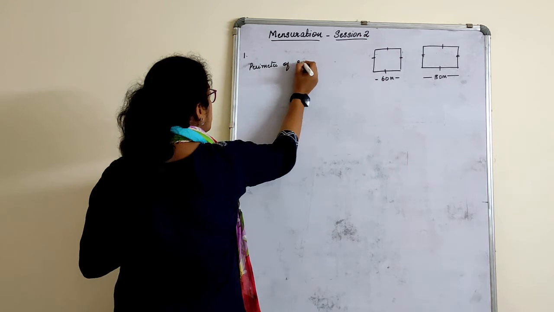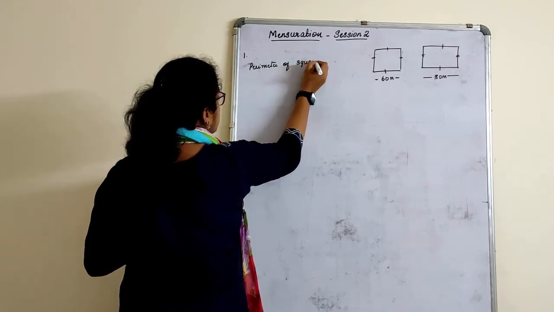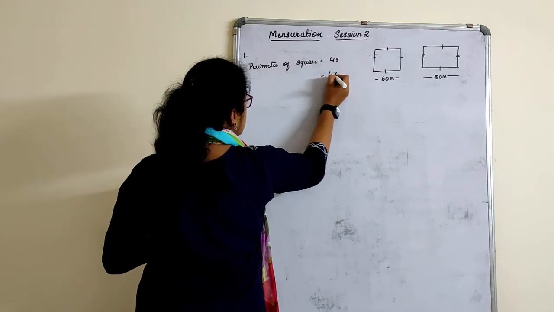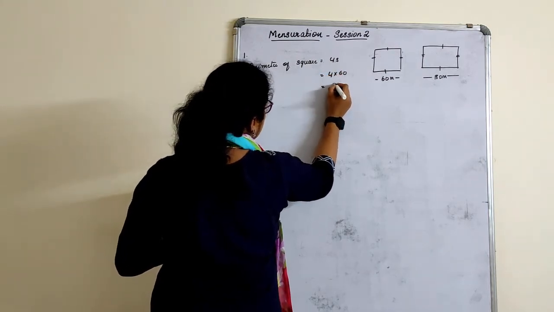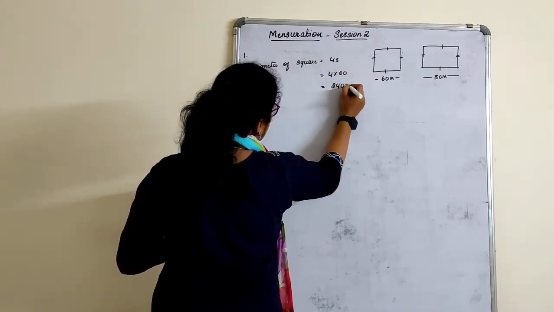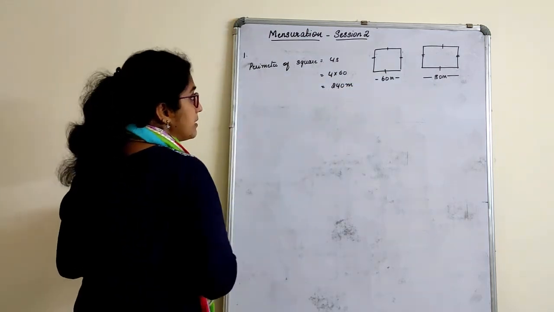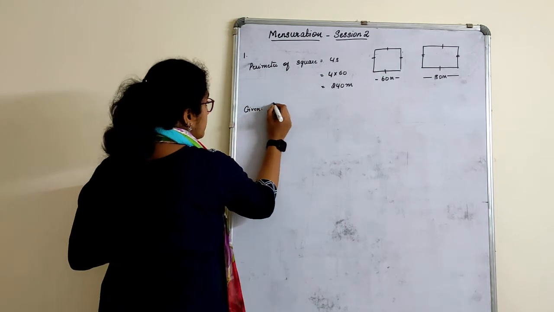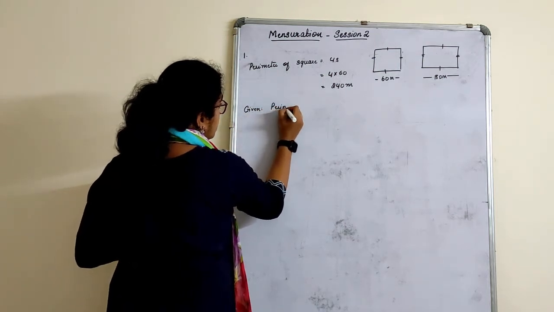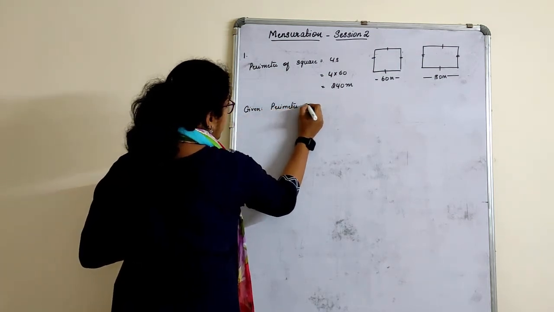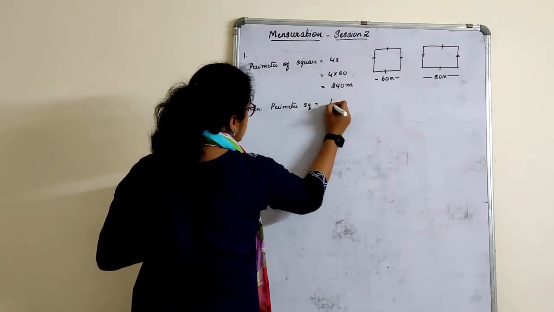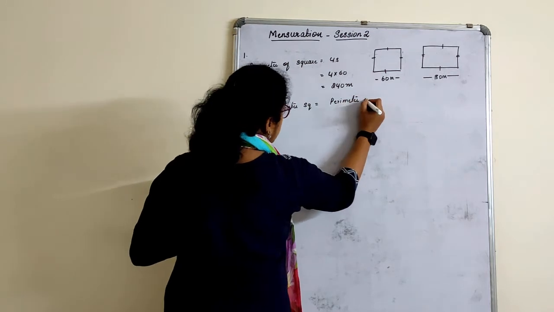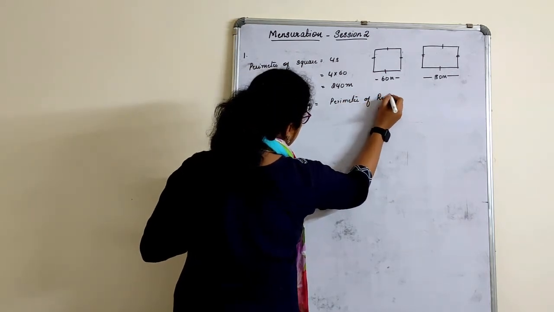First, the square. Perimeter of a square is equal to 4 into side, that is 4 into 60. 6 4s are 24, so 240 meter. Given, perimeter of square is equal to perimeter of rectangle.